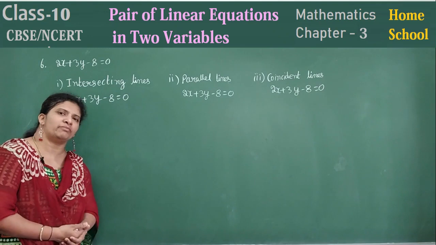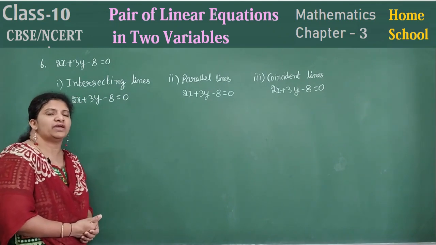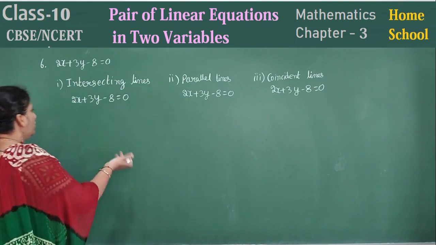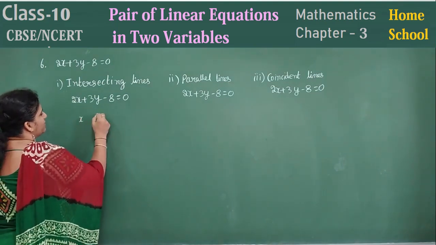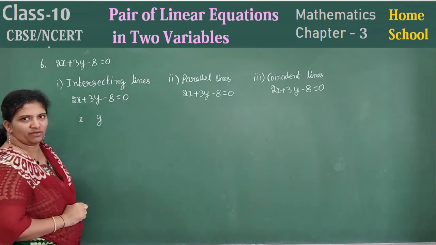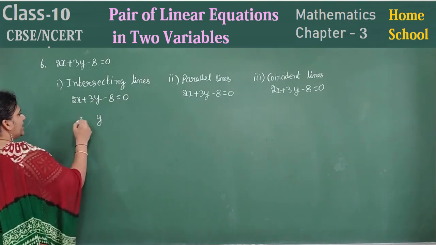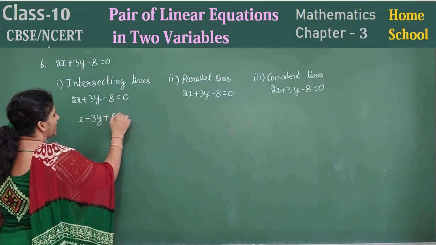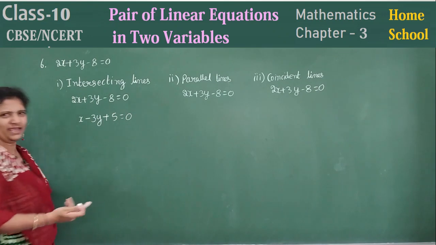Intersecting lines. What do you remember immediately? A1 by A2 is not equal to B1 by B2. So let me take here x, y, with A1 by A2 not equal to B1 by B2. So let's take x minus 3y plus 5 equal to 0, any equation.